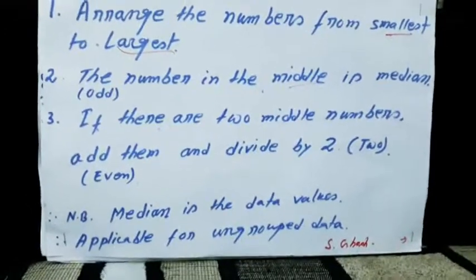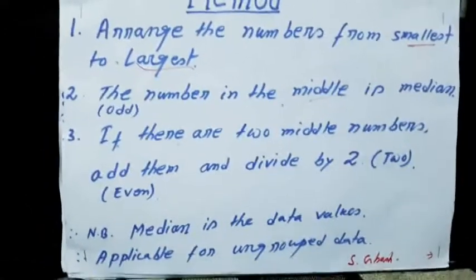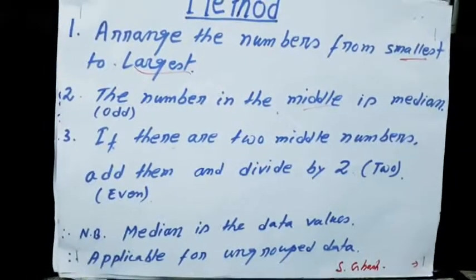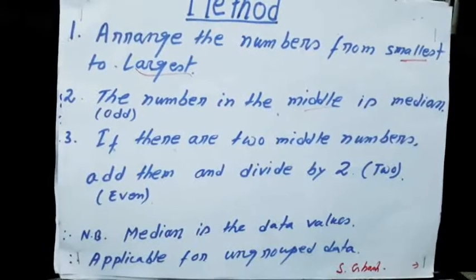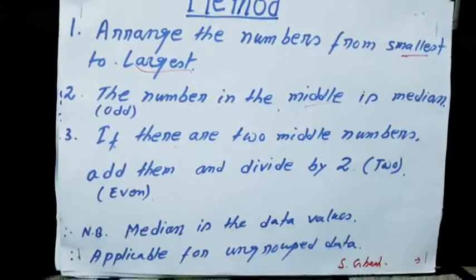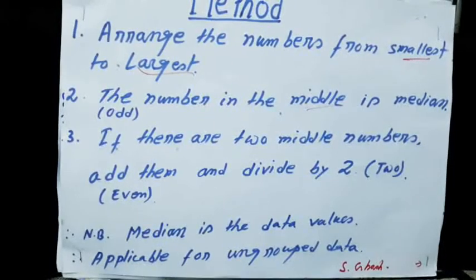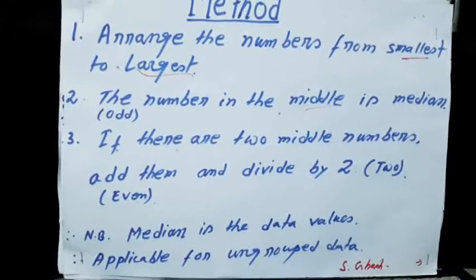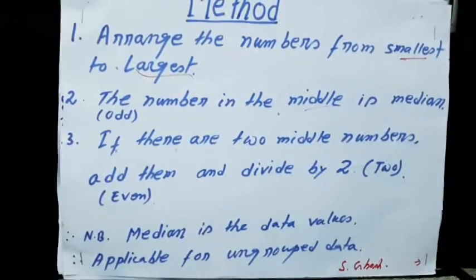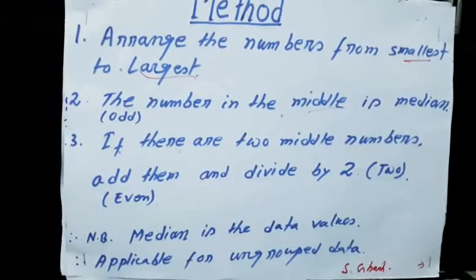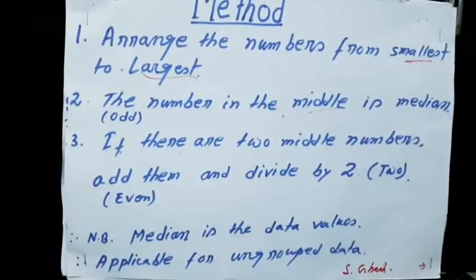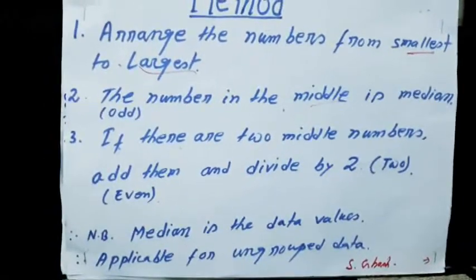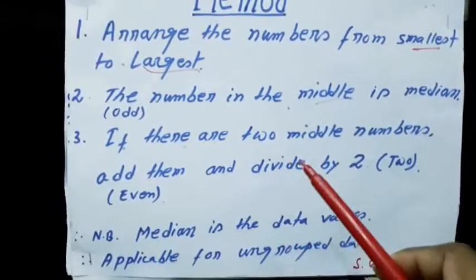If the total number of observations is odd, then we will get one middle value. And if the number of observations is even, then what do we have to do? We have to take the mid value of these two middle values.